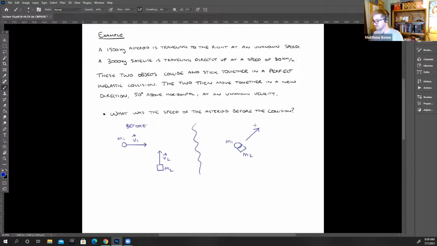Since we know this is going to be a two-dimensional problem, let's break this up into its own coordinates. So we're going to say this is V3, some new unknown velocity, at an angle above horizontal.